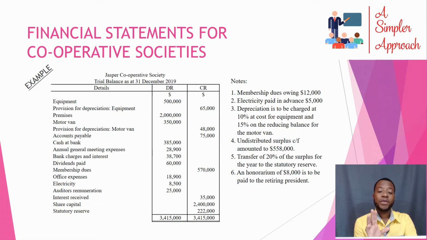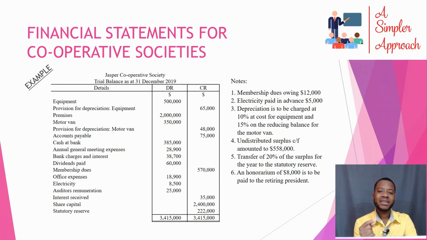Now remember that with reducing balance, you must first calculate what the asset is valued at now. What do I mean? It means that naturally there should be a provision for depreciation in the trial balance, and rightly so, there it is right there. Provision for depreciation, 48,000. That represents all the depreciation that has been charged on the motor van from when it was bought to now.